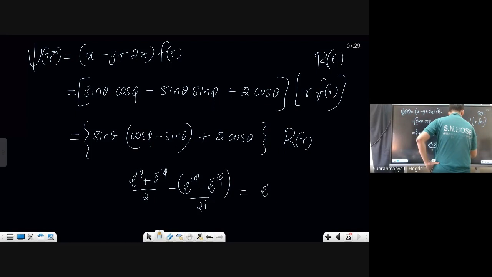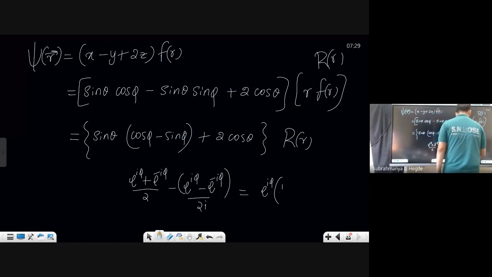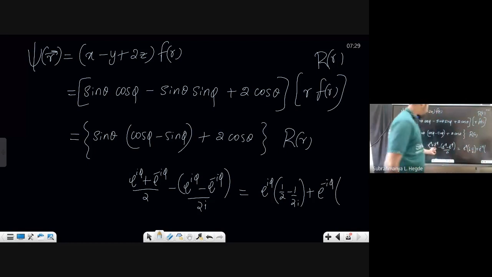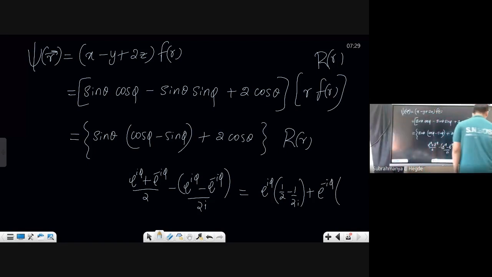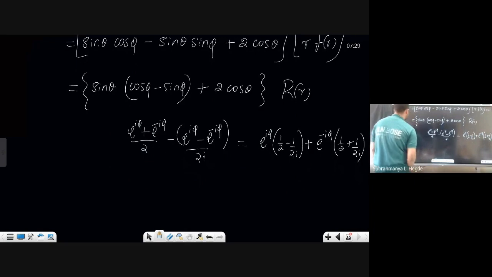I'll take e power i phi common: 1 by 2 minus 1 by 2i, plus e power minus i phi common: 1 by 2 plus 1 by 2i.